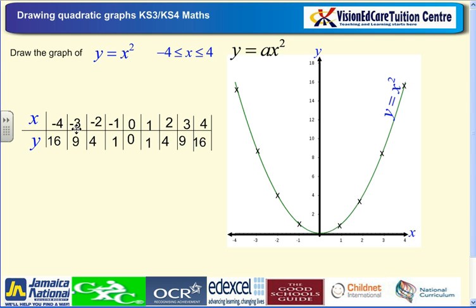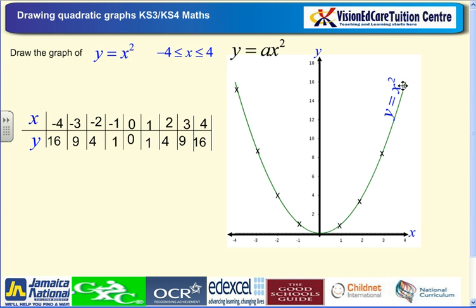Our second coordinate is minus 3 and positive 9. So minus 3 is on our x-axis here, and we read up to positive 9. Then minus 2 and positive 4, minus 1 and positive 1, 0 and 0, which is here, positive 1 and positive 1, positive 2 and positive 4, positive 3 and positive 9, positive 4 and positive 16.